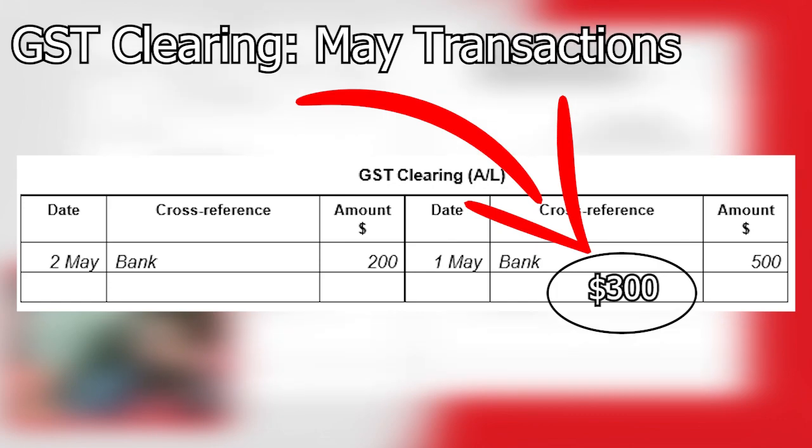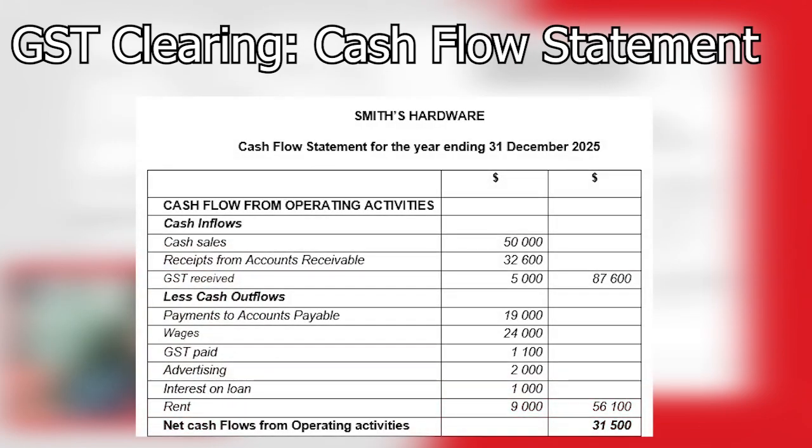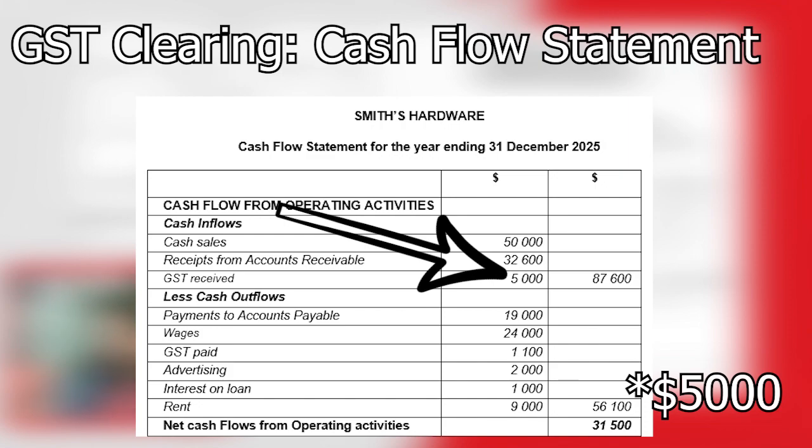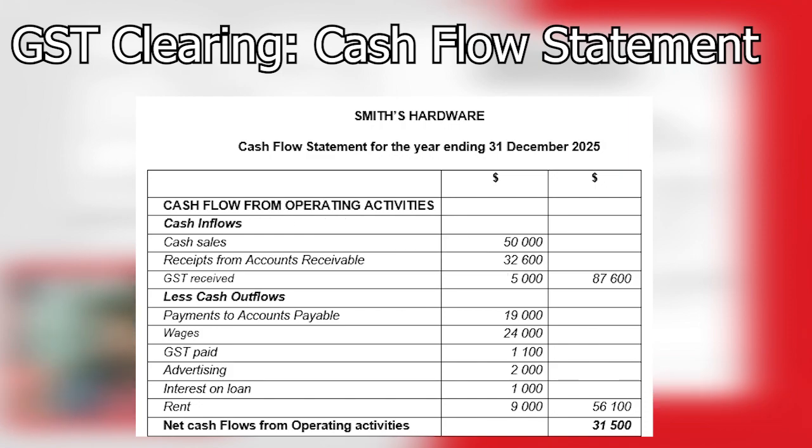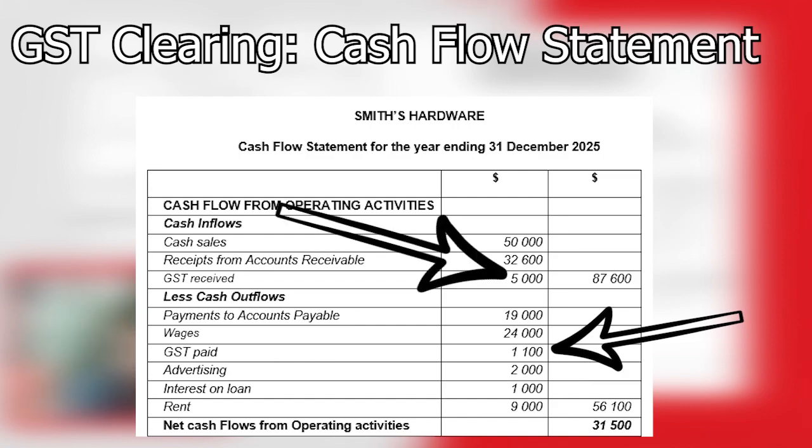So firstly, the cash flow statement. You can see here on the cash inflows, GST received is 500. Meanwhile, GST paid as a cash outflow in the operations is 1,100 in the example of Smith's Hardware. That means that anything related to cash in GST will go in the operating activities.